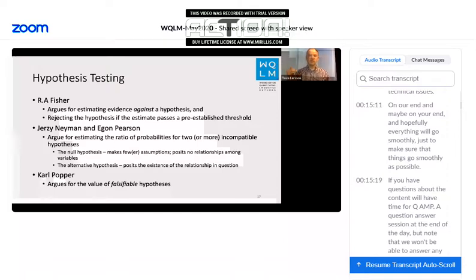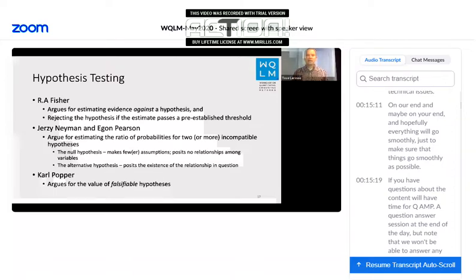Now, he didn't use the term falsifiability, but he was in the very early stages of saying what we really need to be able to do is try to accrue evidence against a hypothesis by seeing if that evidence passes some pre-established threshold.